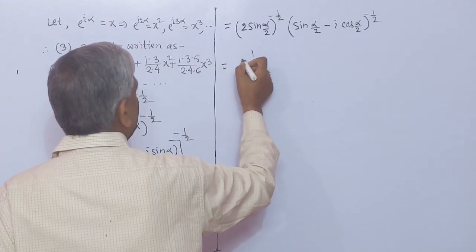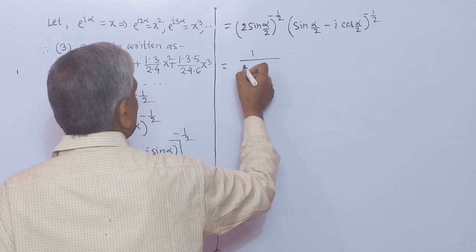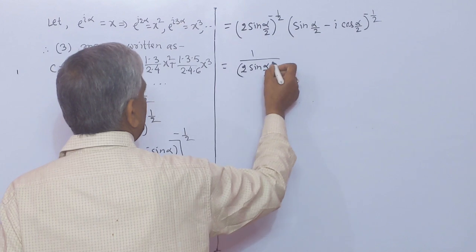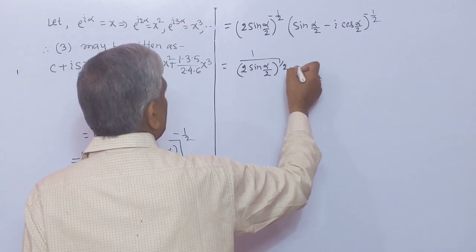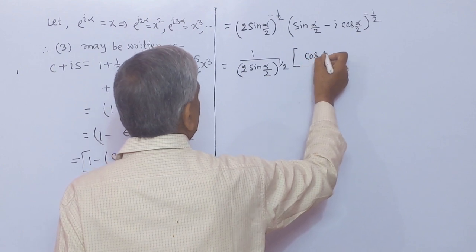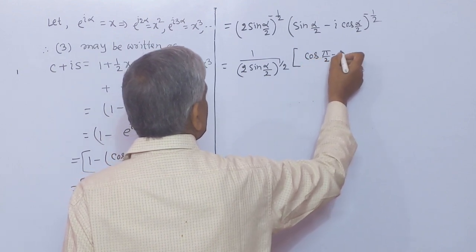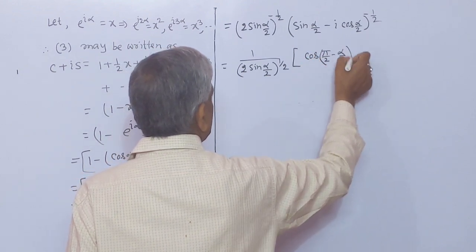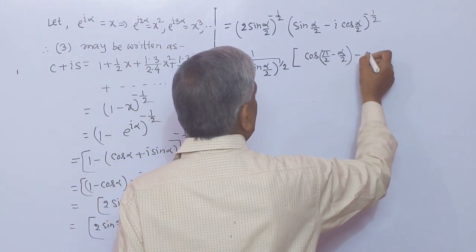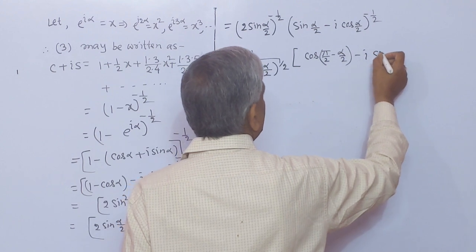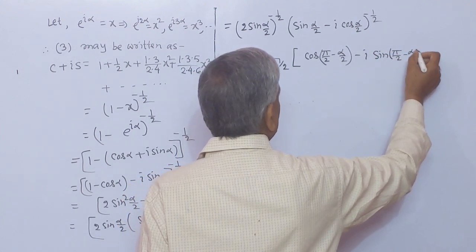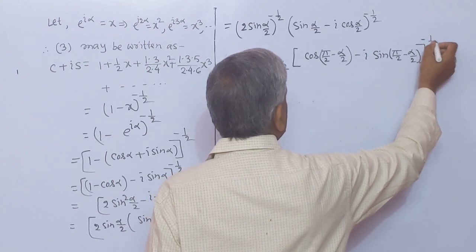This is equal to 1 by (2 sin alpha by 2) to the power half. Here we may write this cos (pi by 2 minus alpha by 2). This is equal to (sin alpha by 2 minus i, we may write this sin (pi by 2 minus alpha by 2)) to the power minus half.